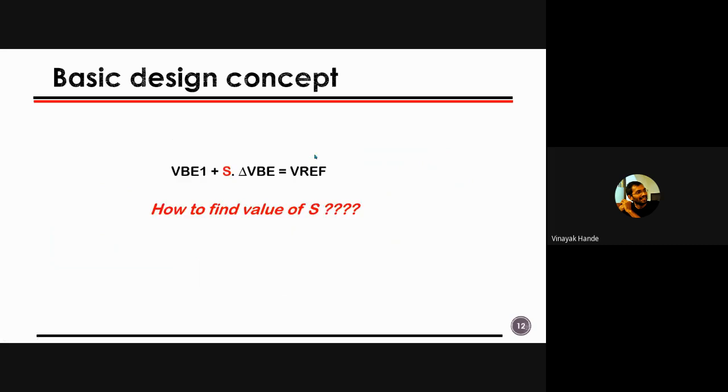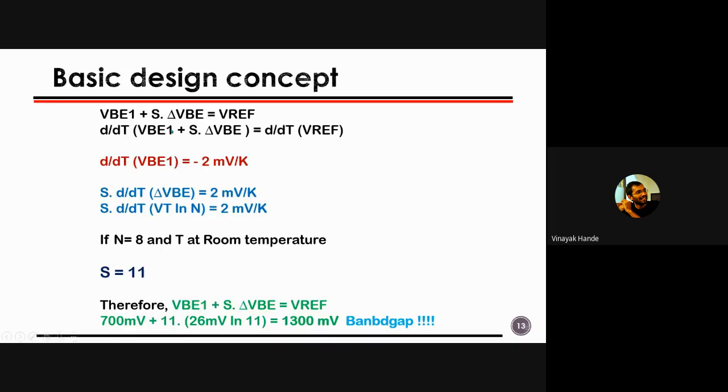Here we are trying to establish the math, or the concept, behind before designing exactly what a voltage reference is, right? Then how to find the value of S? That is the question, right? Then we can do some quick and easy math. What we have to do is take a derivative, right?